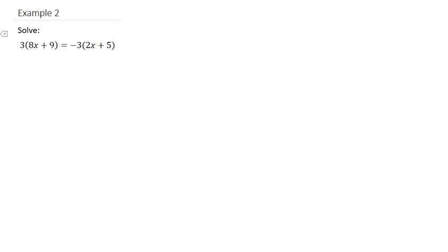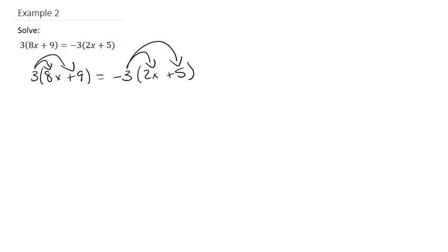Example 2. Solve for the following. Here we have 3 times 8x plus 9 minus 3 times 2x plus 5. We need to distribute this 3, and then we need to distribute this negative 3.